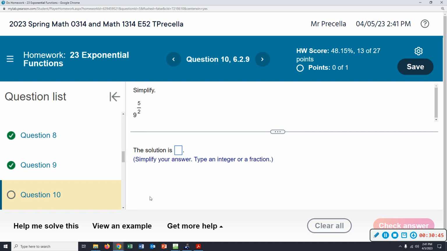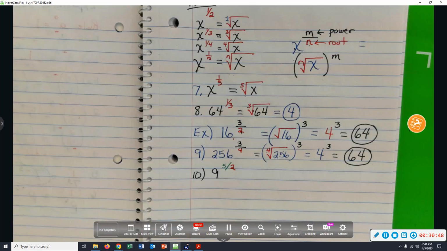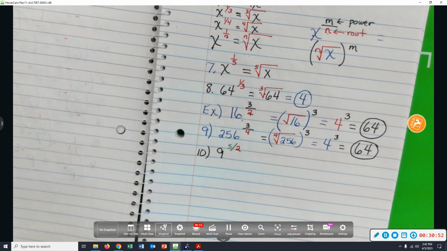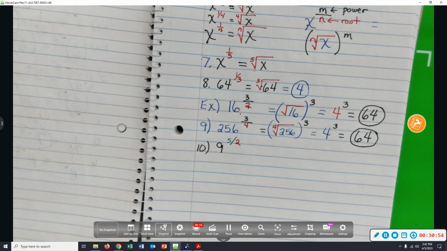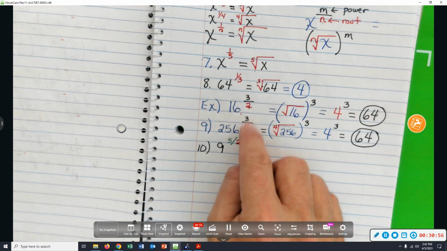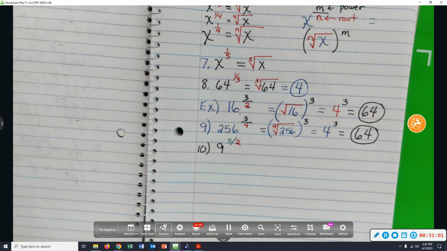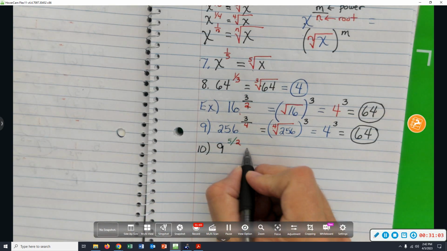This might just be me, but I think it looks better rather than that vertical format for the fraction, which I was using right here. I used it, okay, but I thought it looks better with the 5/2 like that.